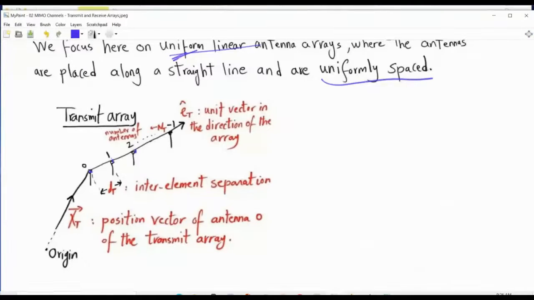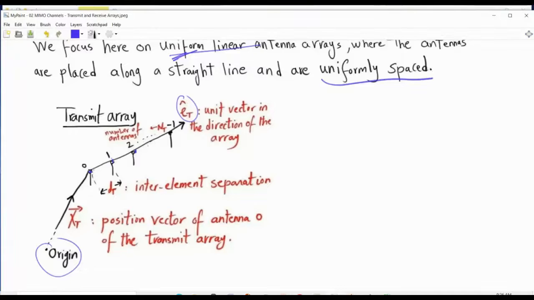So this is the transmit array. Okay, and so there is an origin for the space, and the position vector of antenna 0 is this xt. Okay, so this is a vector connecting the origin of your coordinate system to antenna 0, and then et hat is a unit vector along the direction of the array, right?